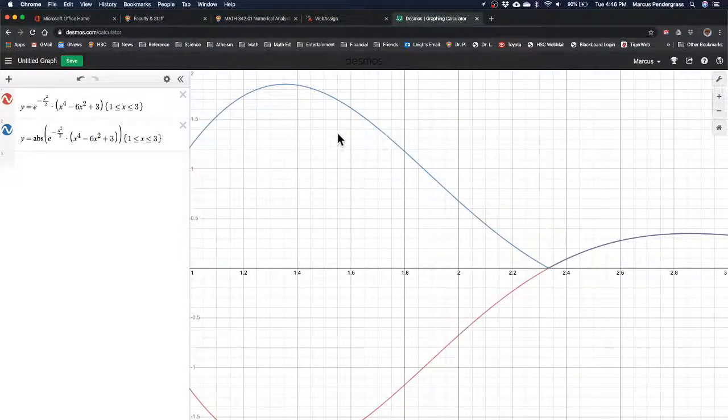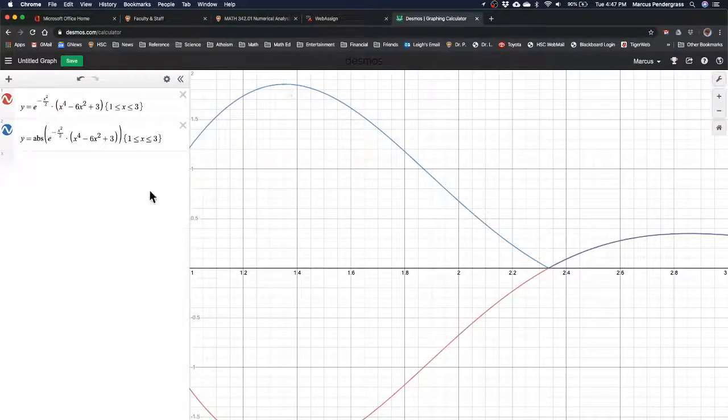I'm doing that here. The red curve is the fourth derivative without the absolute value, and the blue curve is the fourth derivative with the absolute value. And so you see that the maximum value is occurring right here at about 1.3, something between 1.35 and 1.4.